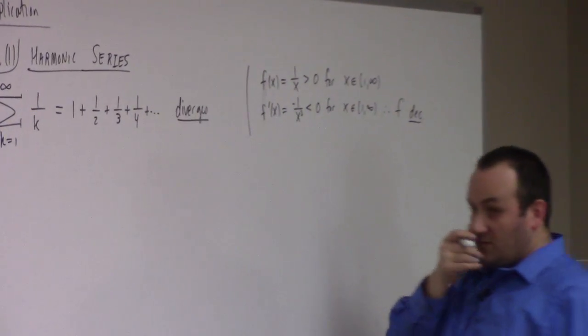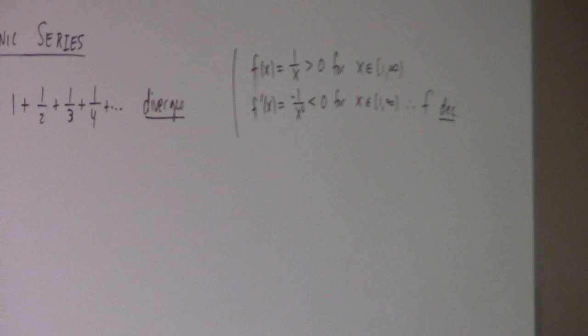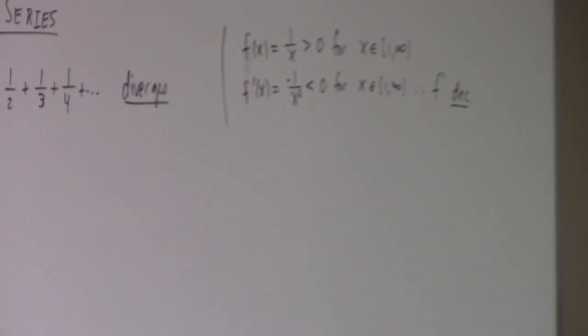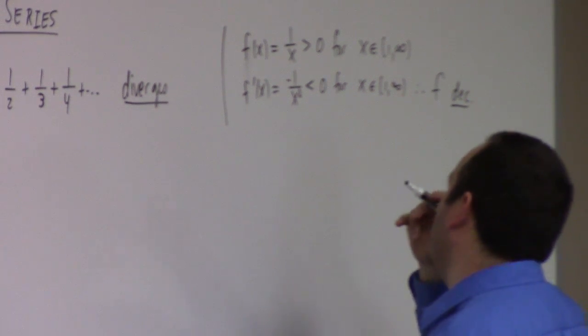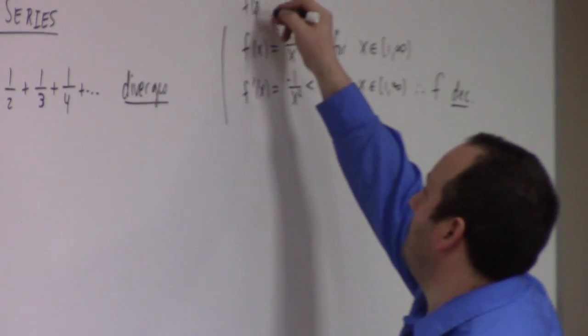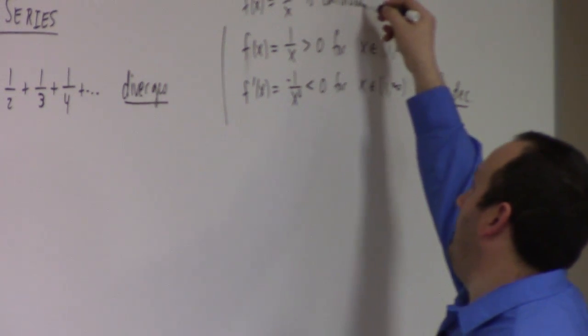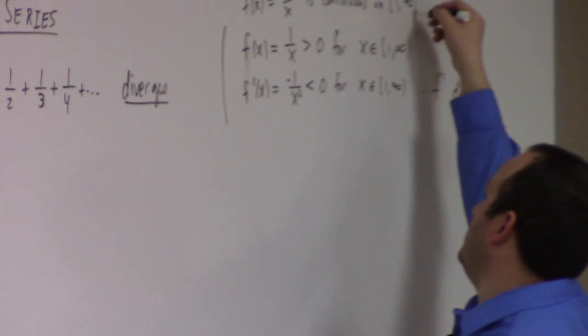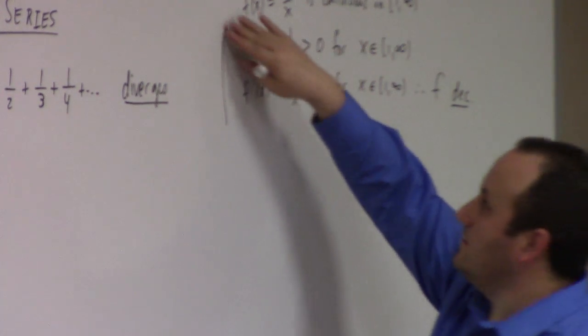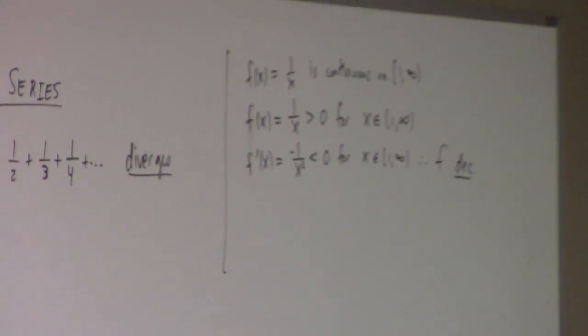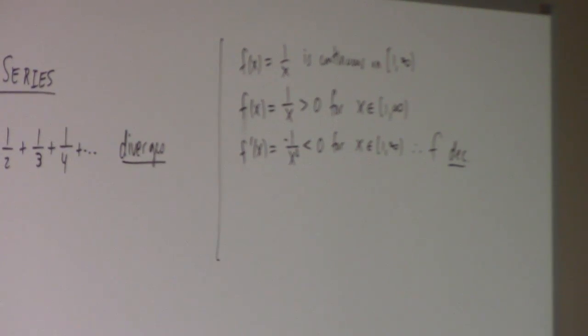Differentiation is a nice tool to use to prove something is decreasing. It should be pretty simple for the things we're looking at. Anyway, there it is. It's decreasing. And what else do I need? Well, first of all, f of x equals 1 over x is continuous. Okay, so check, check, check. We have met the needed conditions to apply the integral test. Continuous, positive, decreasing. Let's do it then.